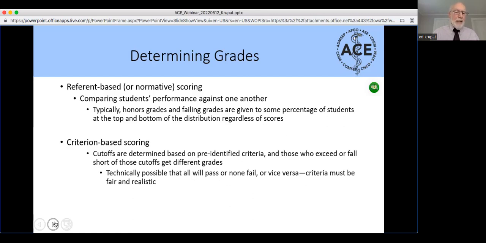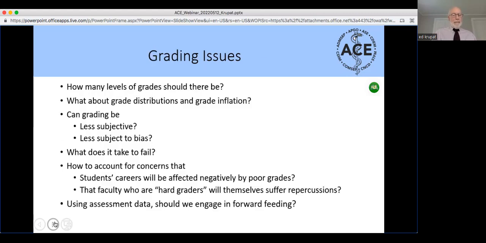But to find criteria that are not arbitrary, other than saying 80% on the exam, is problematic. So, grading issues. I'll just raise them out there and you can toss them back to me if you want. How many levels of grades should there be?